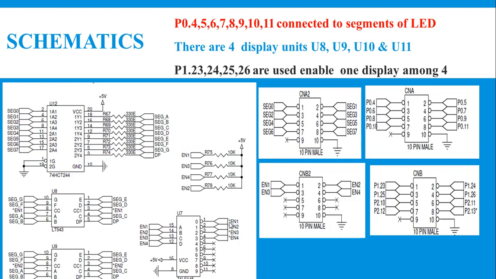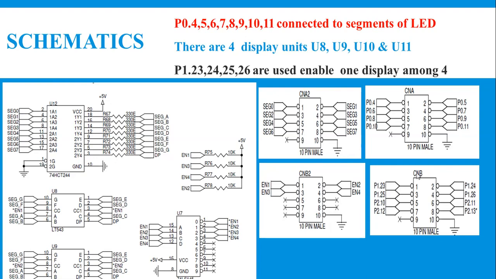So in order to activate any one display, you need to force a proper value for this decoder input. Okay, first we look at the pin numbers, then we look into the values that are supposed to be forced to this decoder to select any one among the 4. Okay, so in turn this enable 1, 2, 3, 4 are connected to connector B, that is 1, 2, 3, 4 of the connector B is connected to enable 1, 2, 3, 4, that is the input of the decoder.